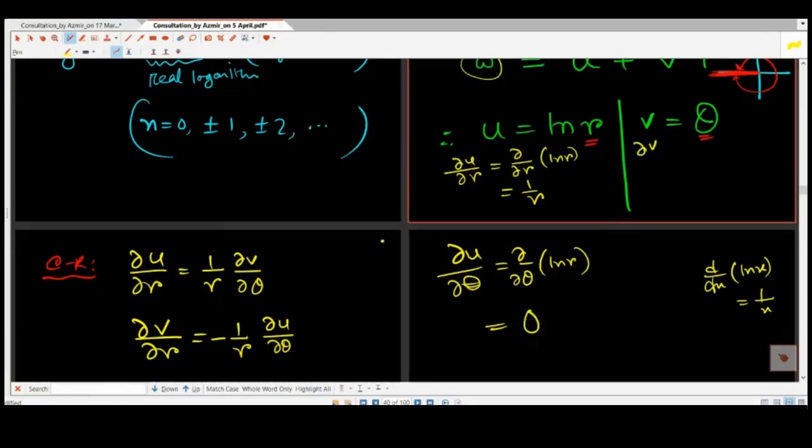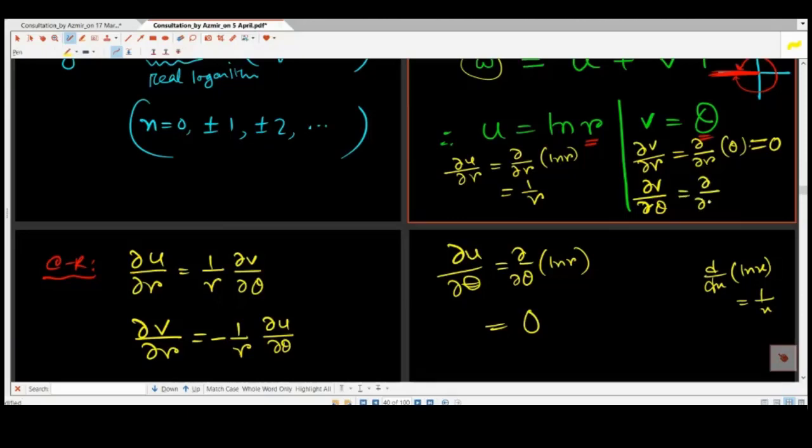Now we need to find dv d theta and dv dr. Let's find dv dr first. We are differentiating theta in terms of r, so theta is constant, and the derivative of a constant is 0. Now let's similarly find dv d theta.